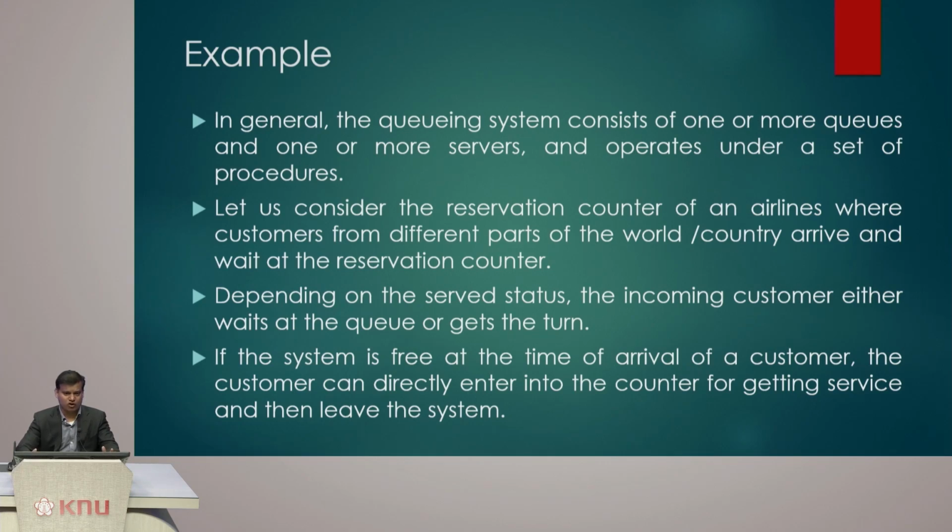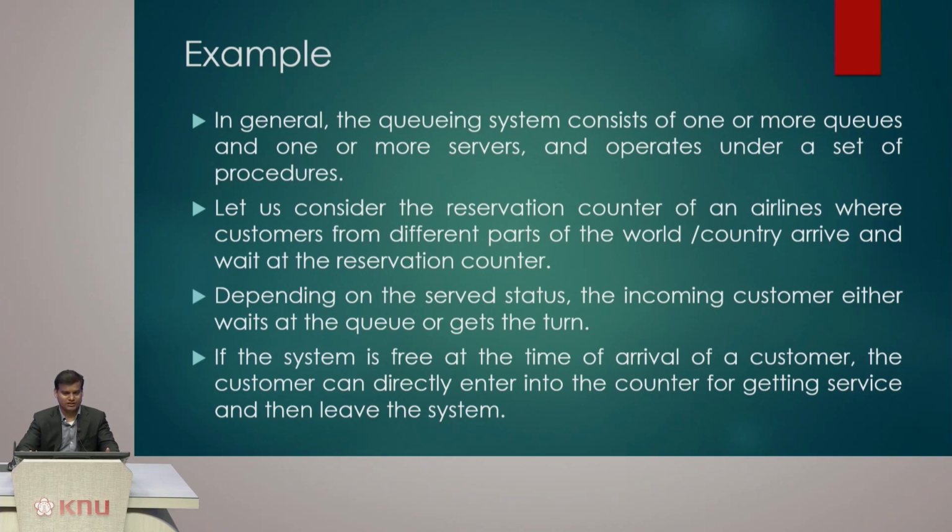Let's talk more about the whole thing. There might be only one queue or maybe more queues. There might be only one service desk or counter, or there may be more. For example, when you go to some small grocery stores, you might usually have only one cashier.